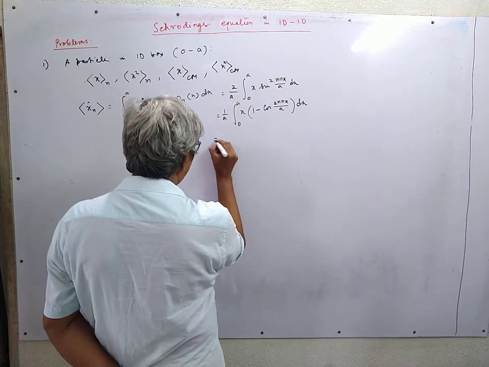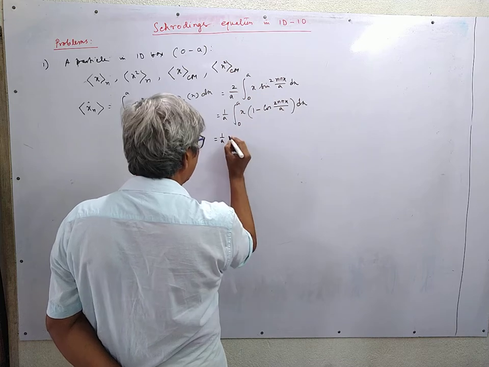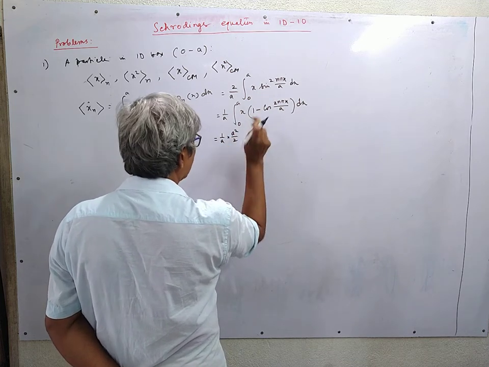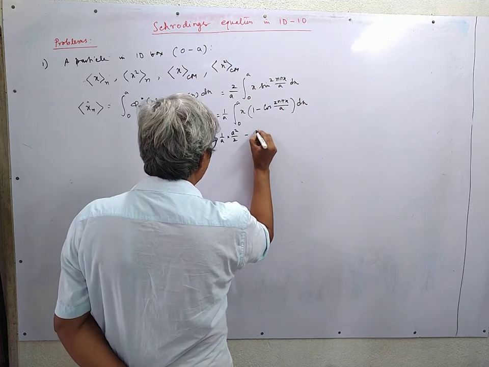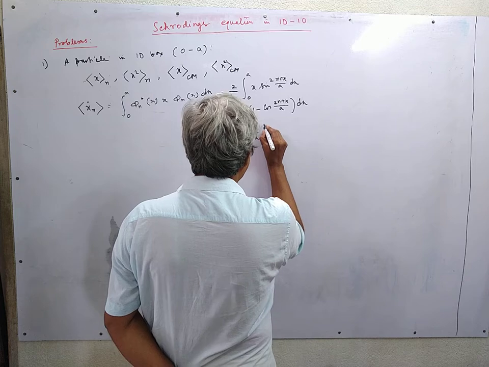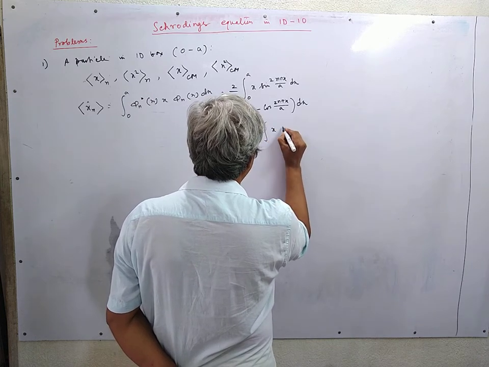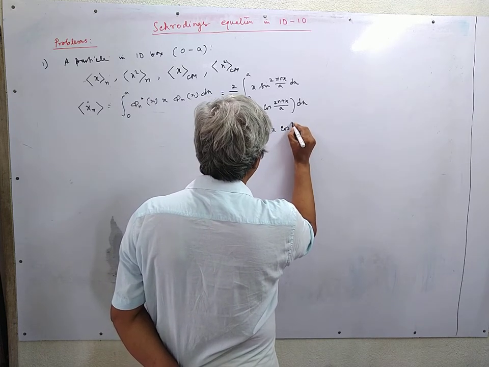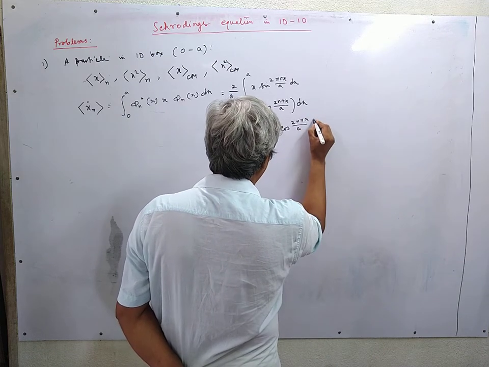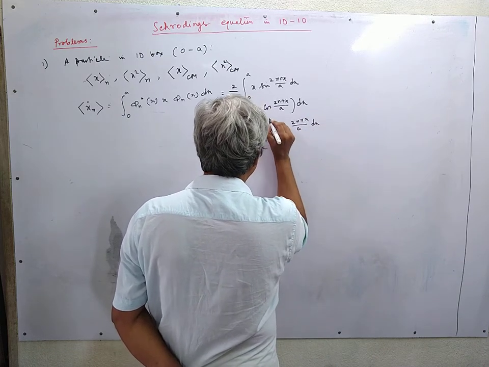The first part is 1 by a times x square by 2, and the second part is 1 by a integration x cos of 2n pi x by a dx from 0 to a.